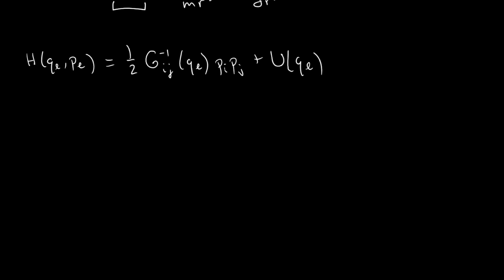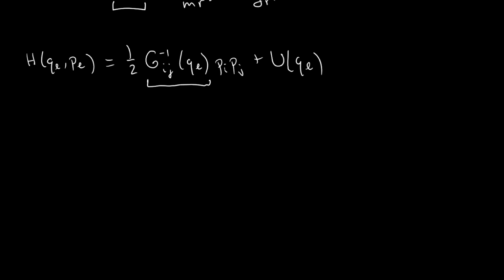So now, just like before, this is true in any set of coordinates, just like what we found for the energy. Now, for the energy, all I had to find were the elements of G, and I could write it in any set of coordinates. So in this case, all I have to find are the elements of G inverse, and I can write down my Hamiltonian in any set of coordinates that I want.